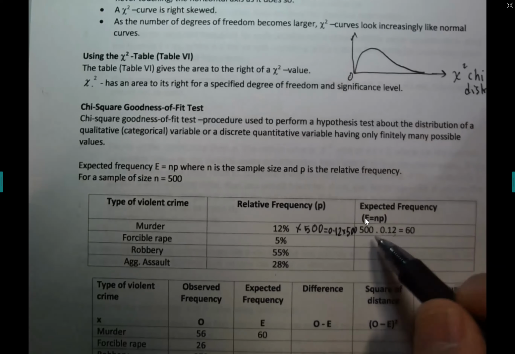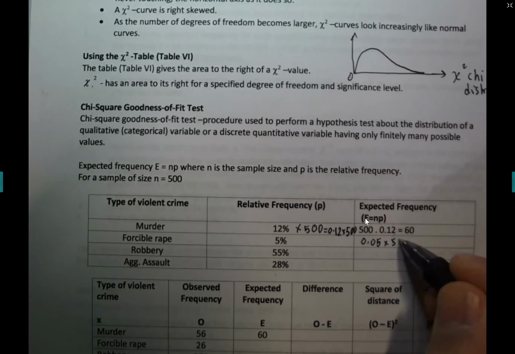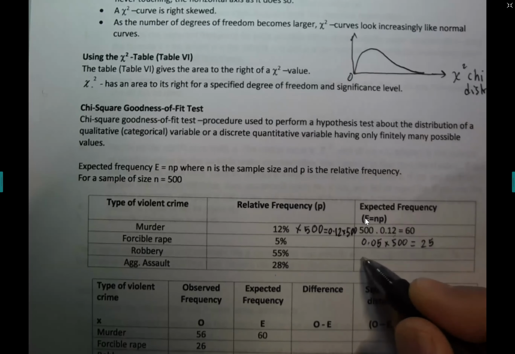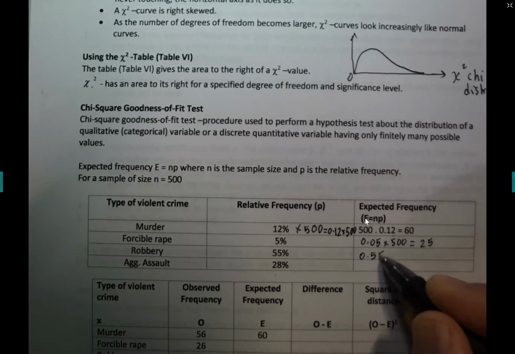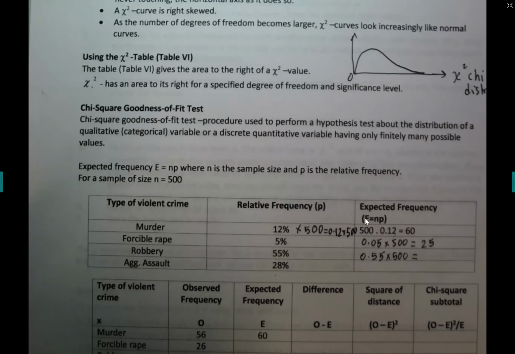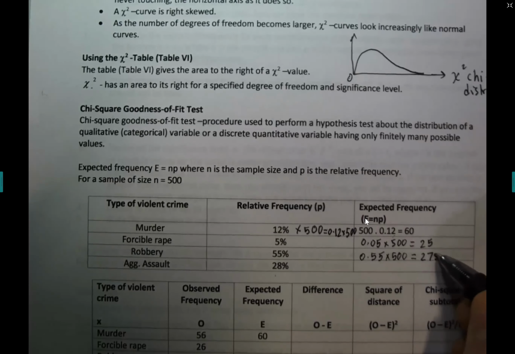This one will be 5% times 500, which is 25. This one will be 55% times 500, so it will be 275.